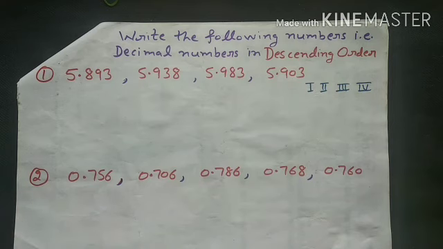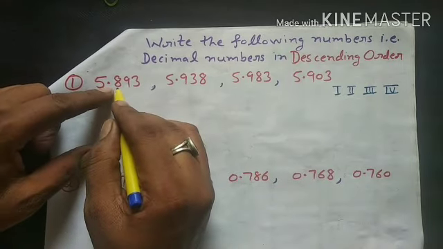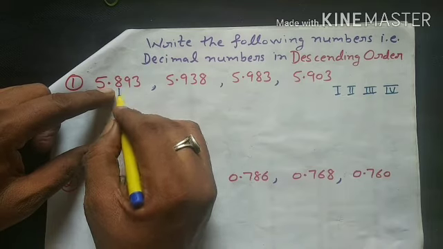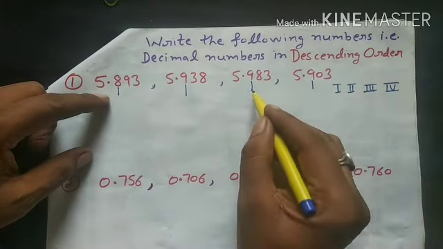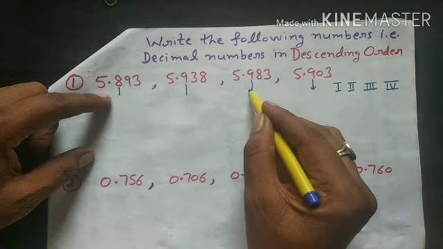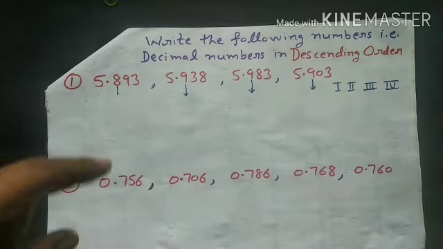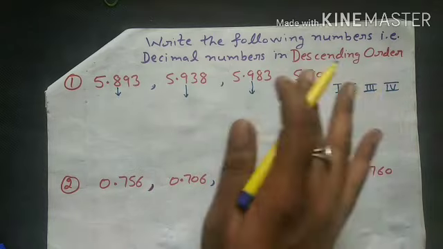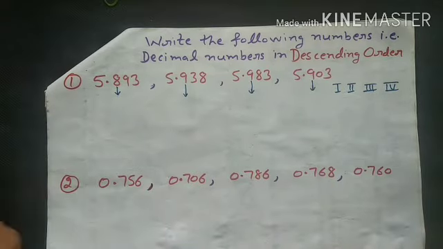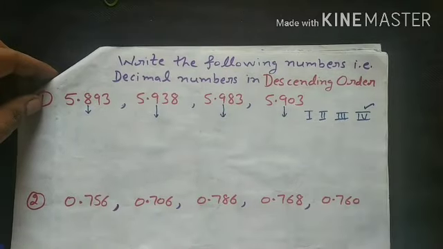Here you can see that in the first number the decimal part starts with 8, and the others with 9, 9 and 9. These 9, 9, 9 are the same, and the 8 is smaller than all the 9. Okay student, so it is clear that among the 4 this number is smallest. So it will occupy the 4th position. So I am confirmed with the 4th position number. Okay, so I will tick this.